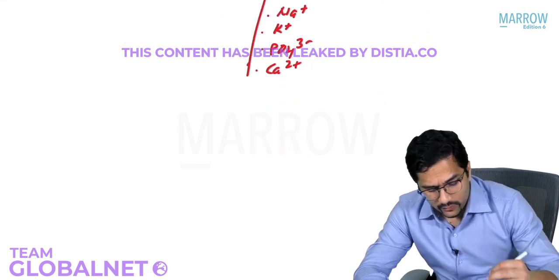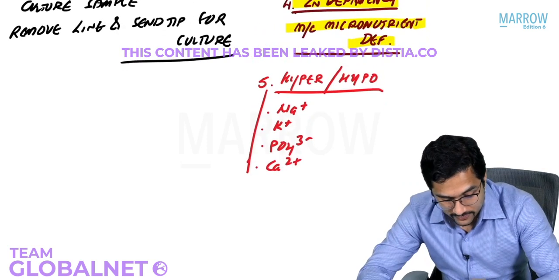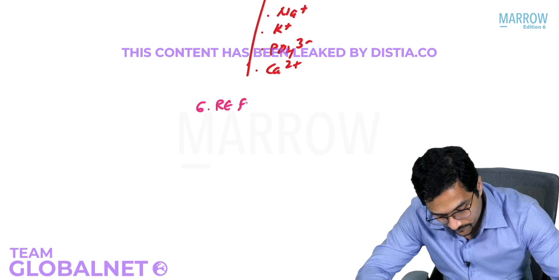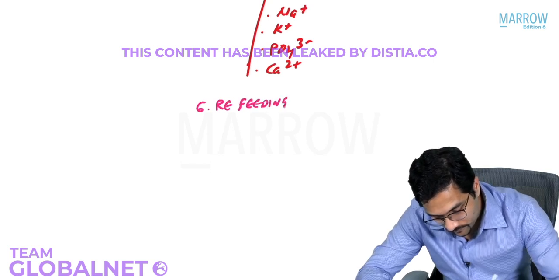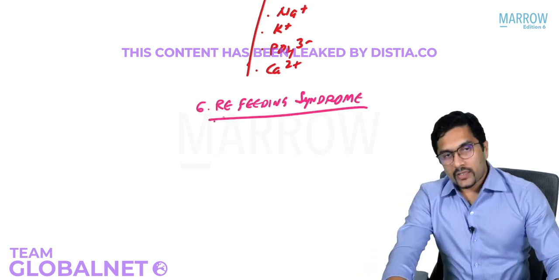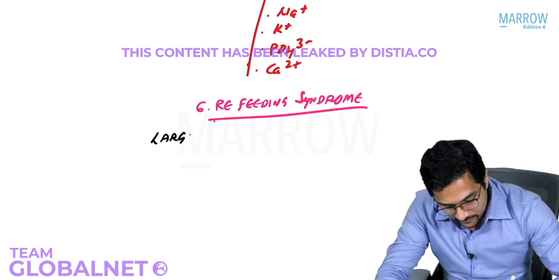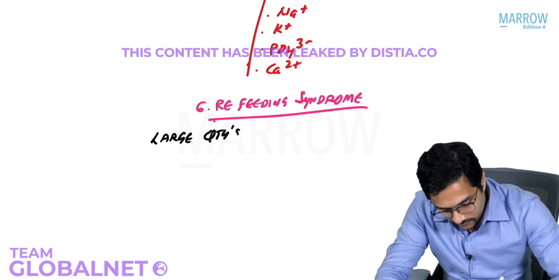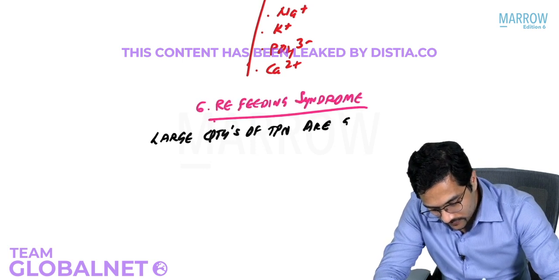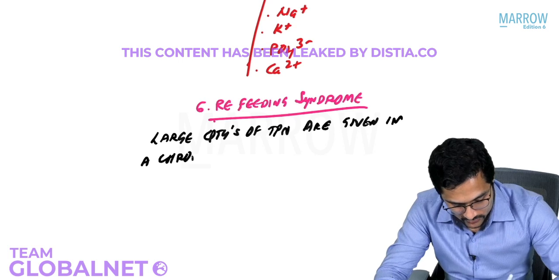And very, very important for the exam, and this has been asked at least 4 or 5 times, is refeeding syndrome. So refeeding syndrome basically develops when large quantities of TPN are given in a chronically malnourished patient.